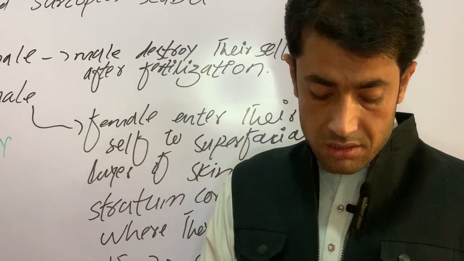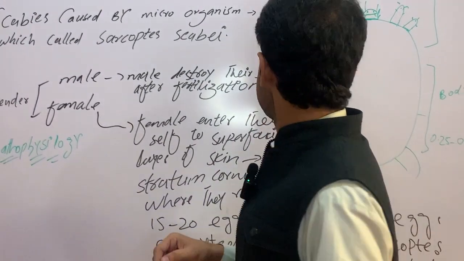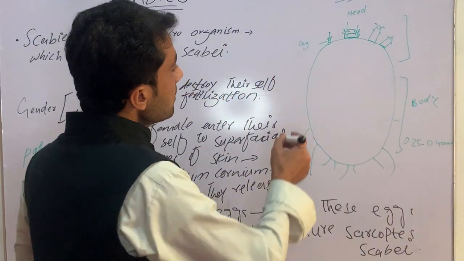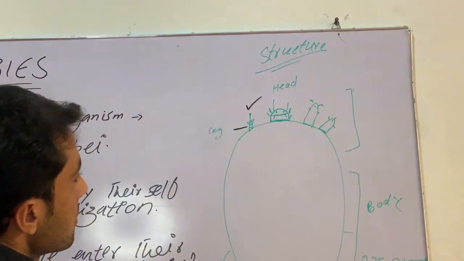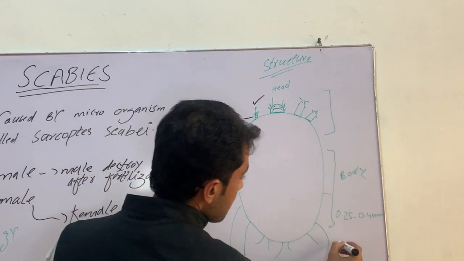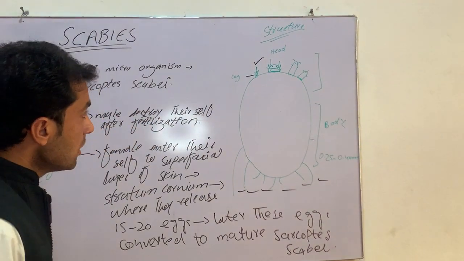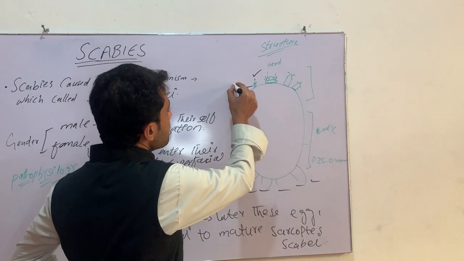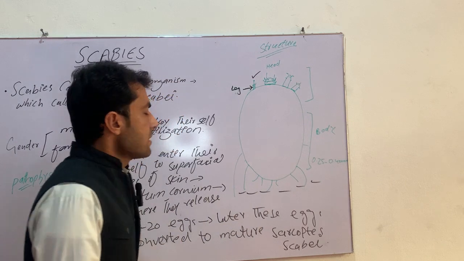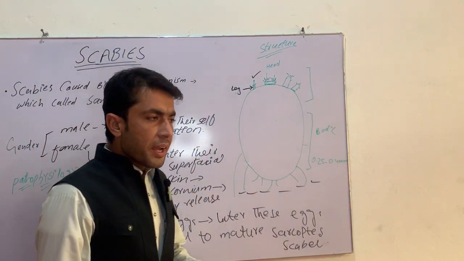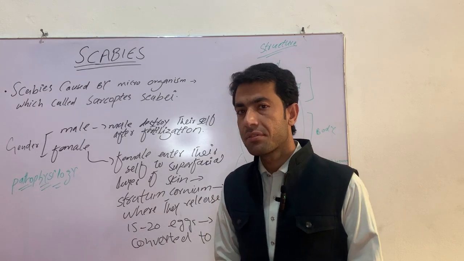In the skin, the female Sarcoptes scabiei enters through the legs. This is the leg of the Sarcoptes scabiei, and through these legs it moves and burrows in the stratum corneum layer, which is the superficial layer of the skin.